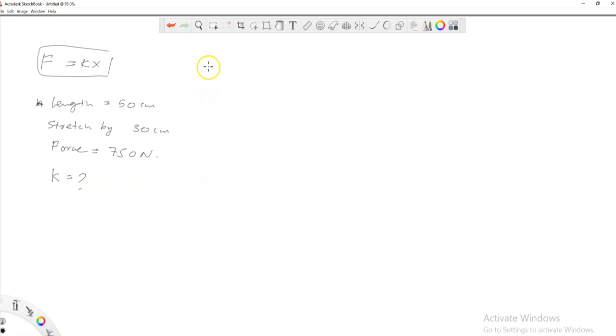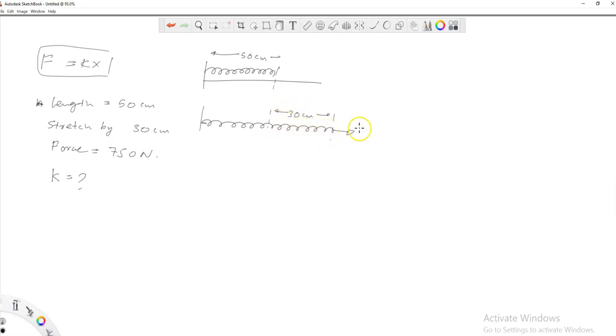So if you draw a diagram, this is how it looks, a simple sketch. So here's the spring unstretched. This length is 50 centimeters. Now you are stretching it. So you slowly increase the force until this length becomes 30 centimeters.